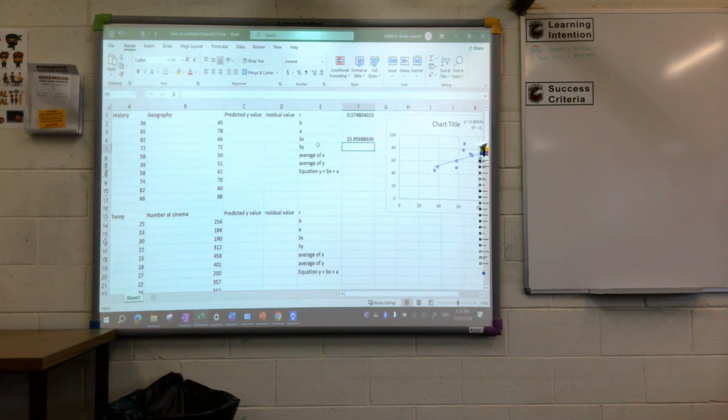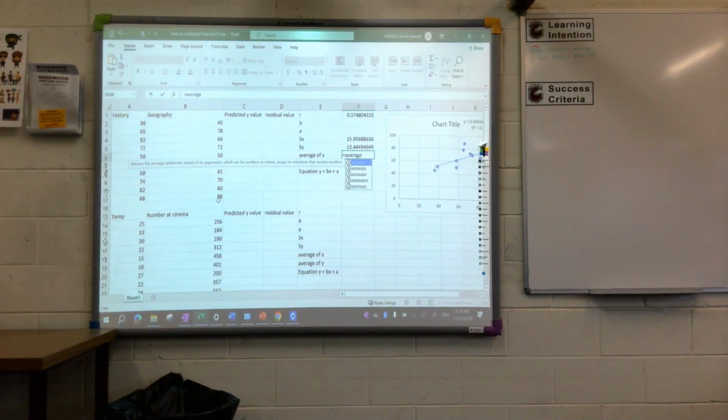We're going to do the same process for Y values. So equals STDEV for standard deviation, double click that. We're going to highlight our Y values, close the bracket, and hit enter. Again, we're going to do the same process, but this time for average. So I'm going to start typing in the word average.